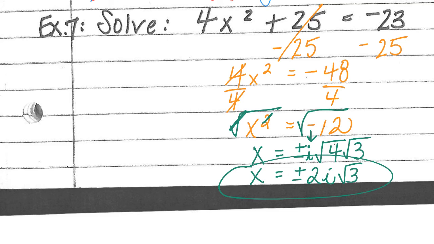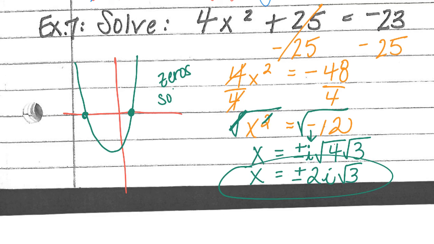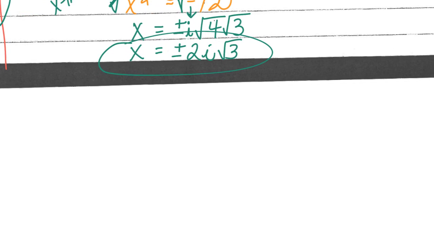And the whole reason we do this is typically if we look at quadratics, when I'm graphing a quadratic, which is a parabola, it typically goes through the x-axis. And this is why we call them zeros, or solutions, or roots, or x-intercepts. All of those are the same thing. But because sometimes I get an imaginary number like this, notice that on my Cartesian coordinate system, this graph hits up here.